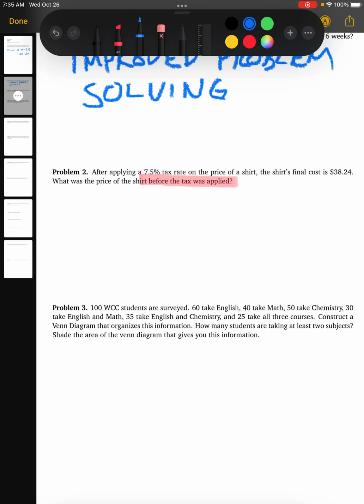So to solve this, let C be my cost before taxes. I'm going to change my pen, I think that's a little hard to read.